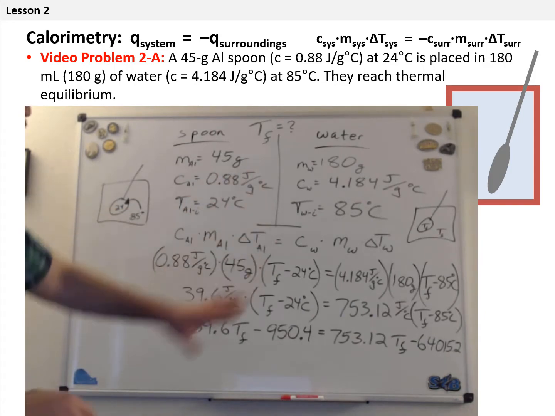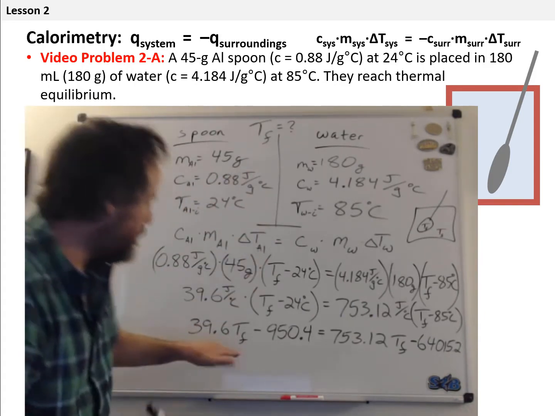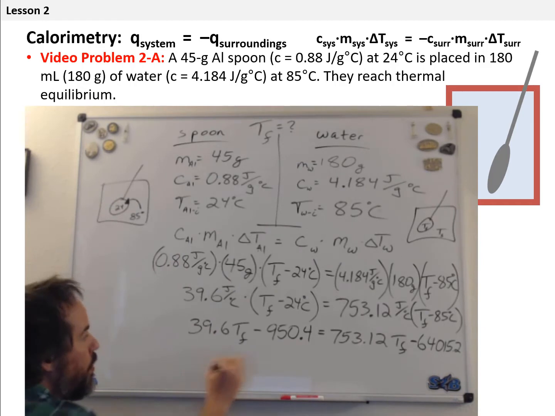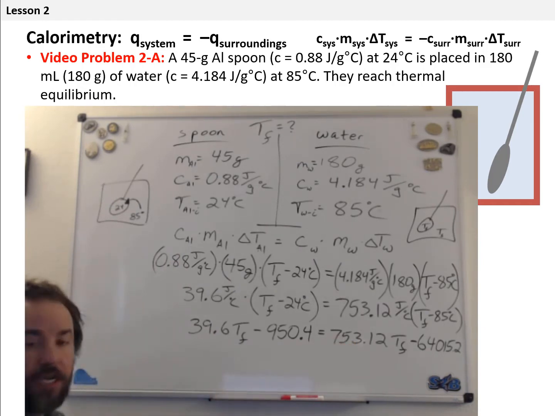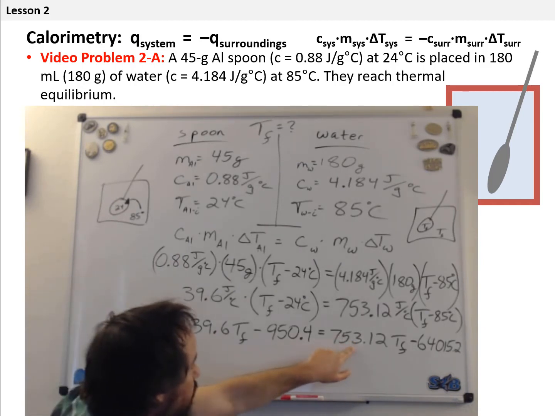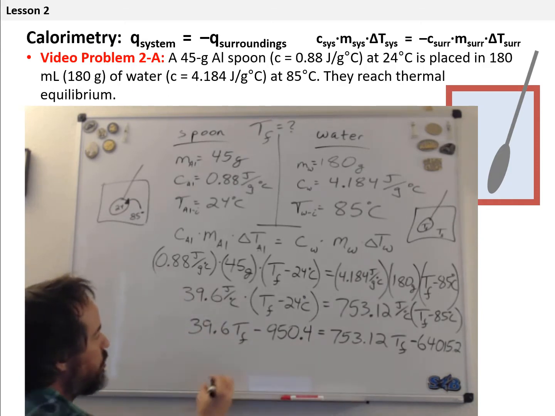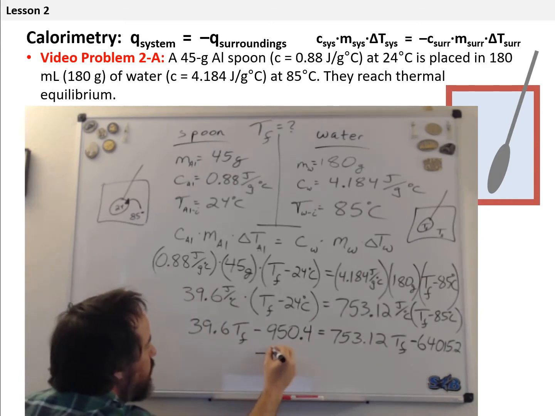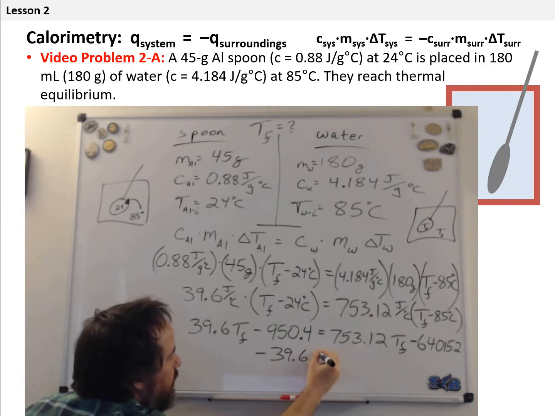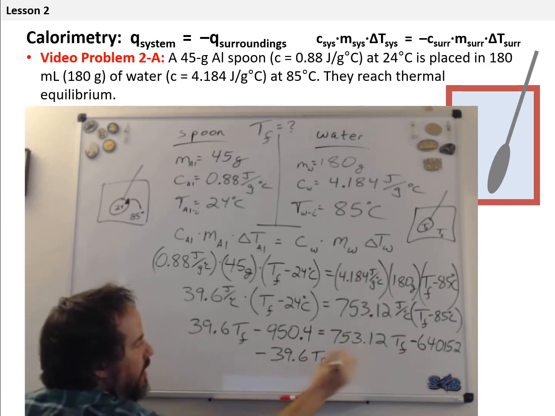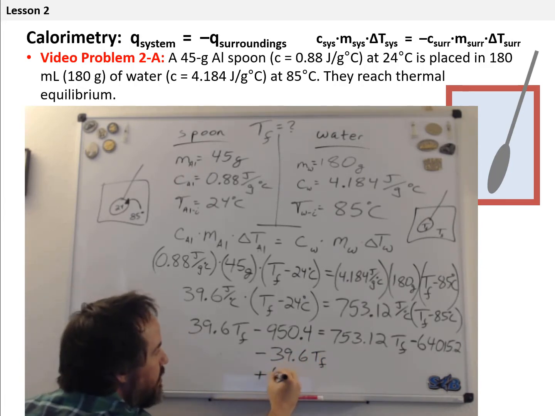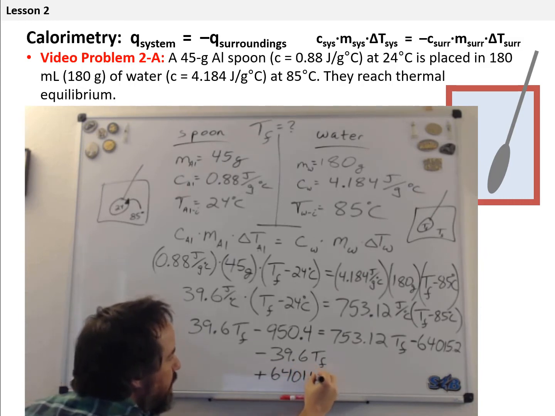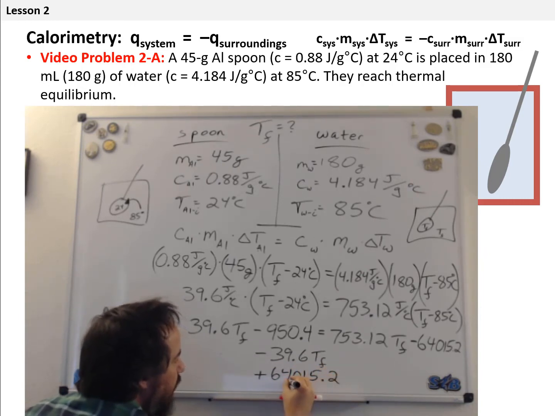And now I need to rearrange this. So what I'm going to do is subtract 39.6 TF from both sides and add 64,015.2 to both sides.